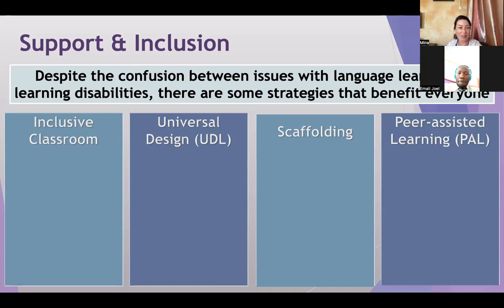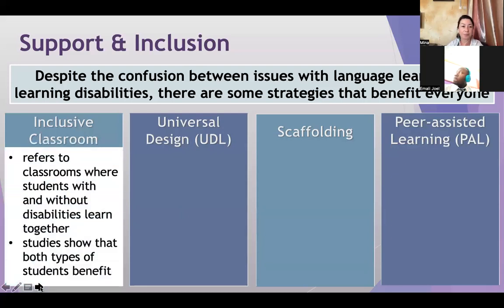And some of this may sound familiar to you. So first we have inclusive classroom, which is something that Jane was talking about. She worked in an inclusive classroom, and you all gave some really nice definitions of the inclusive classroom. Basically, it's a classroom that includes everyone and differentiates to make sure everyone's needs are met.